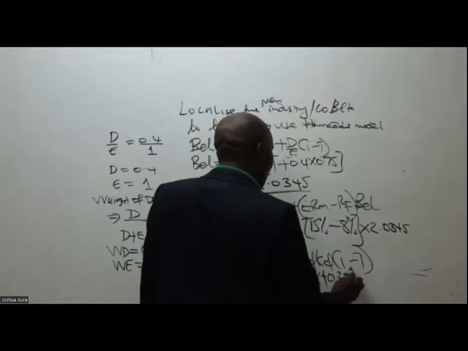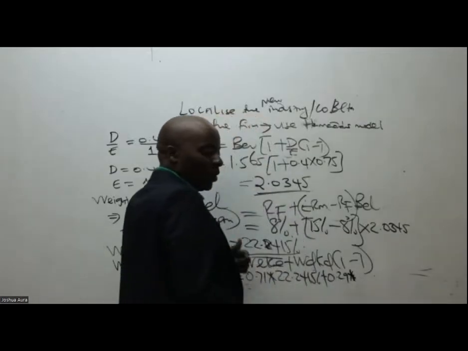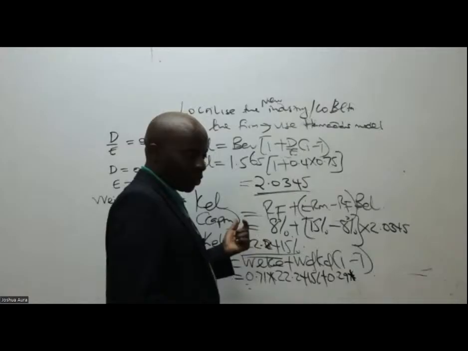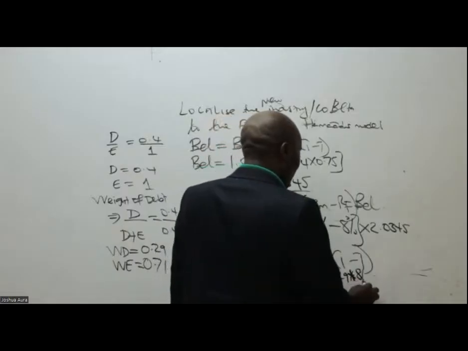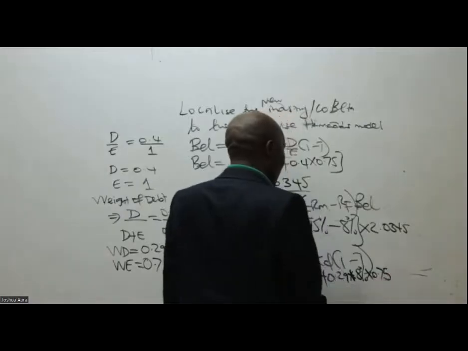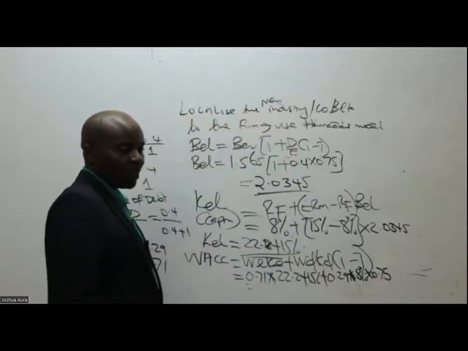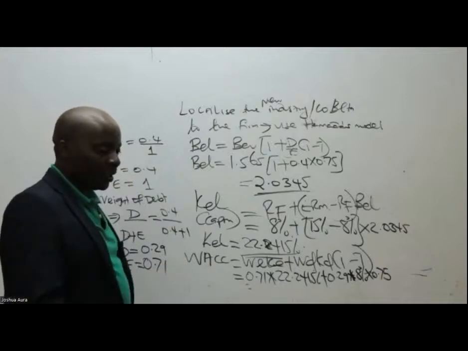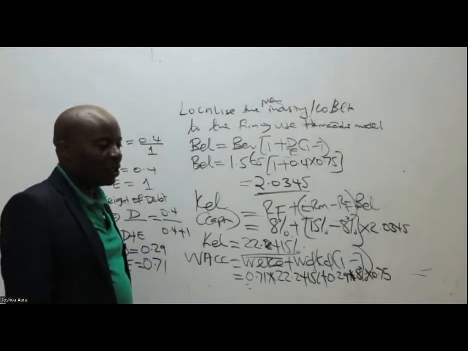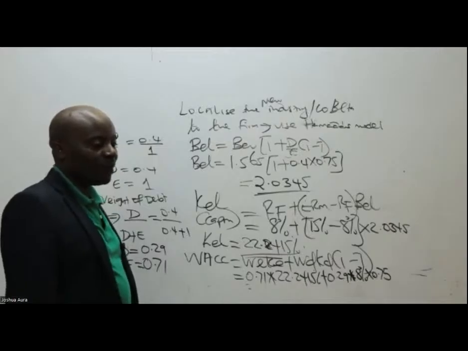Unless you're told otherwise, cost of debt is normally risk-free because debt is secured. You must give a bank security. It is 8%. Multiply that by 0.75. So could you kindly go ahead and give us the WACC.